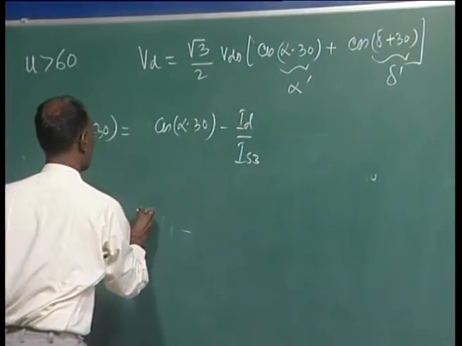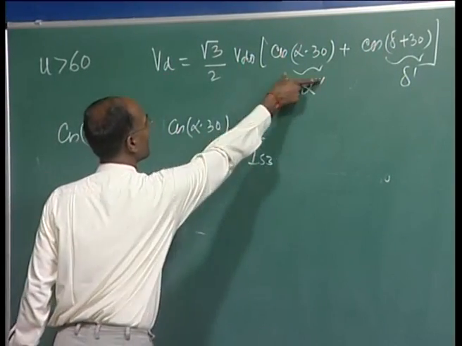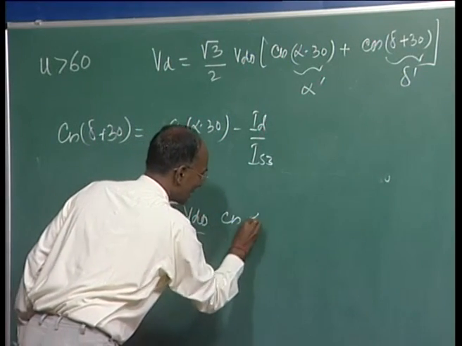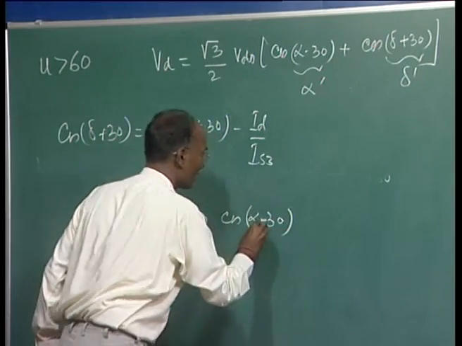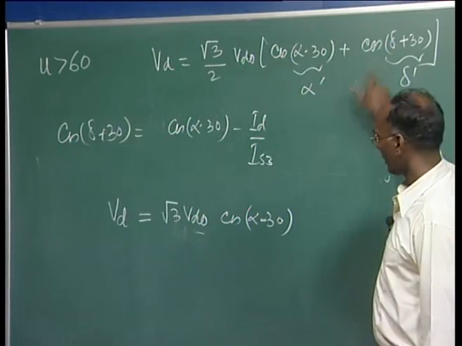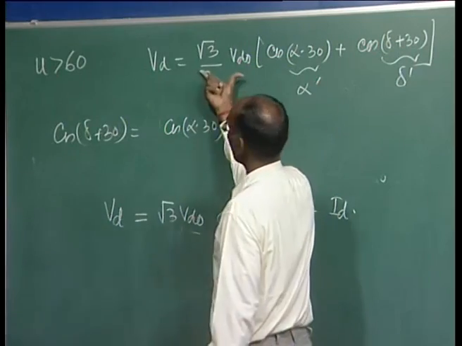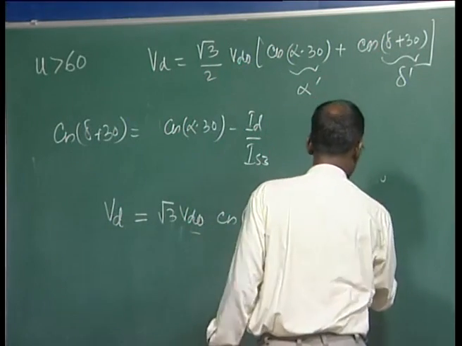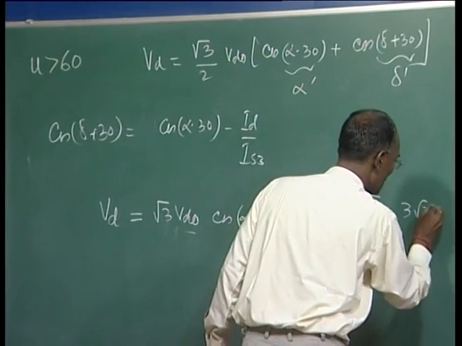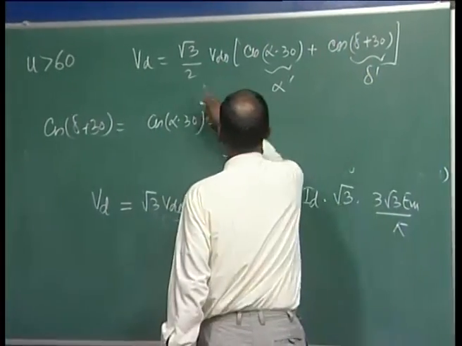you can see VD will be, just put it here. So we are going to get root 3 VDO cos alpha minus 30. Now we have to see what we get by putting this here. This value is ID, of course, multiplied. This value is root 3, and this value is 3 root 3 EM by pi, and this is already 2.